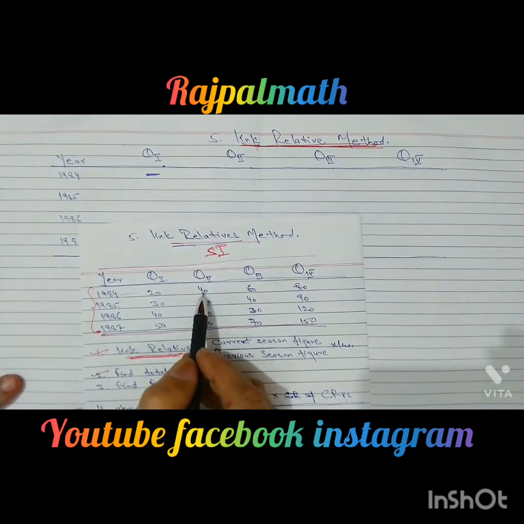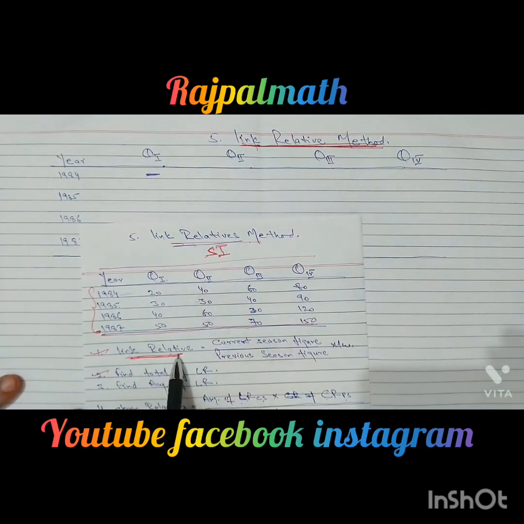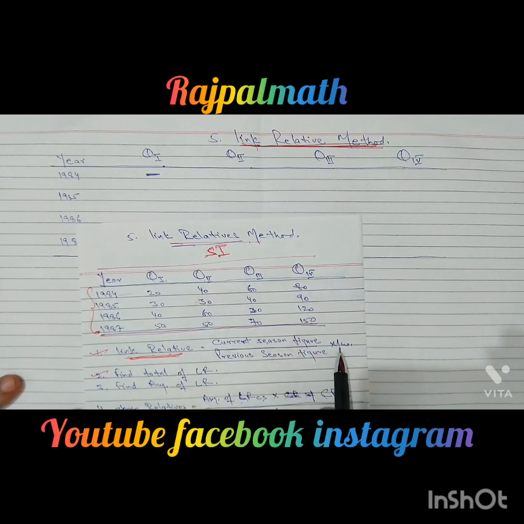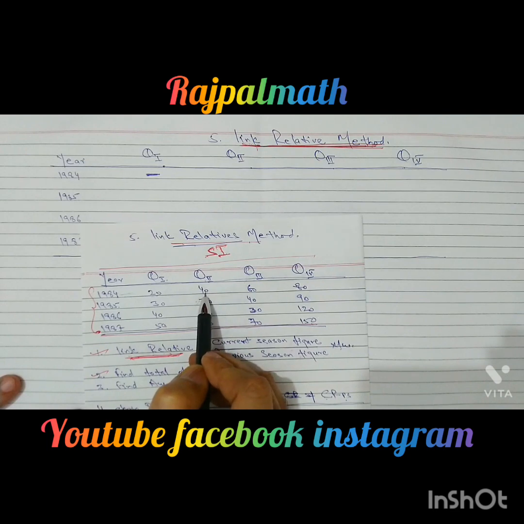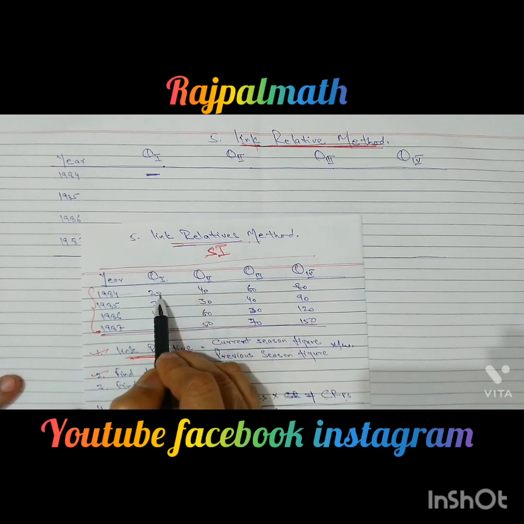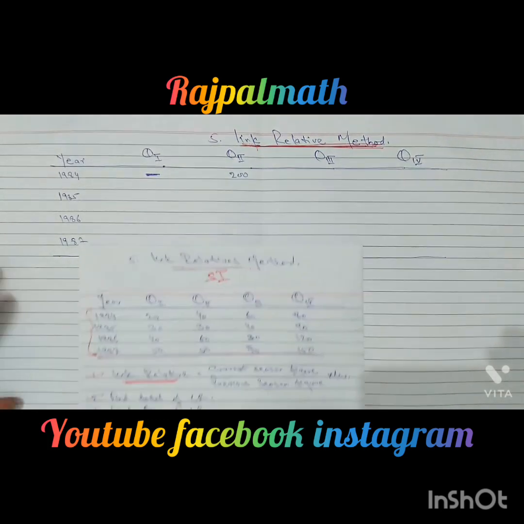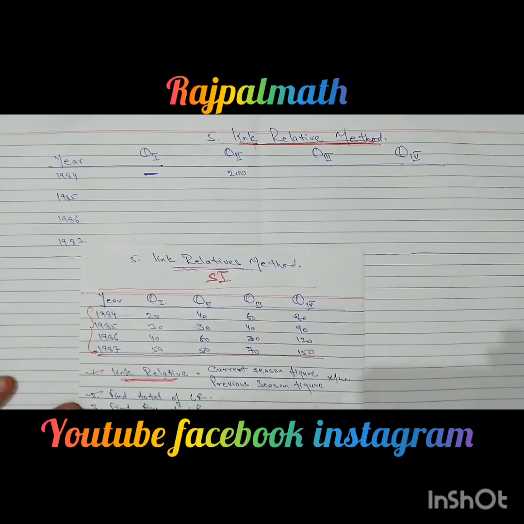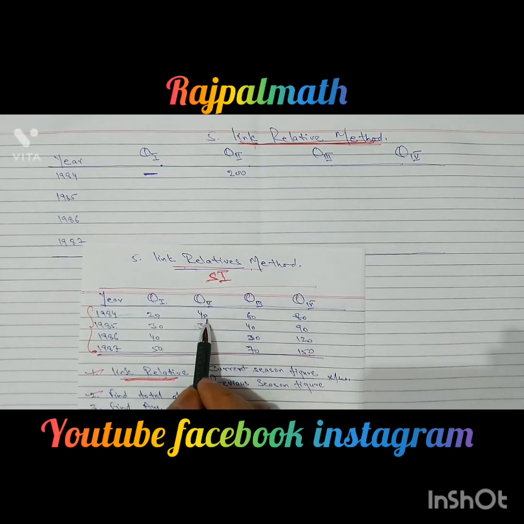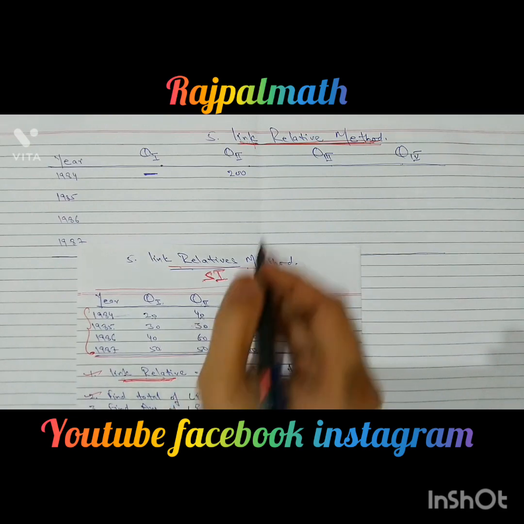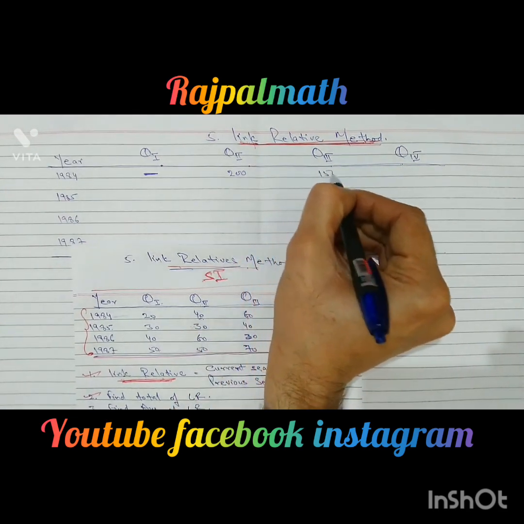For next, by this formula, current season figure divided by previous season figure into 100. Current season figure is 40 divided by previous season figure 20 into 100 comes out to be 200. Then 60 divided by 40 into 100 comes out to be 150.